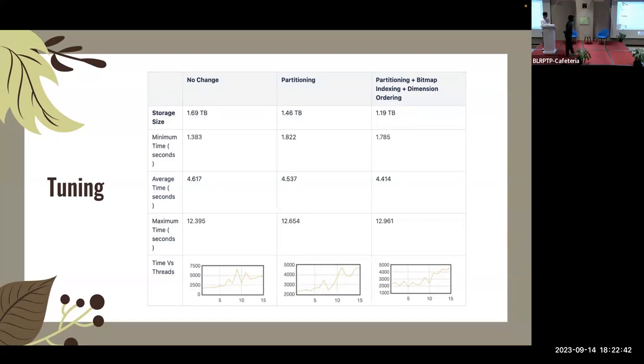I've just mentioned the numbers here to give you a flavor of how this tuning has performed for us. At this moment, in our production environment, we have the data partitioned, and we have bitmap indexing enabled on certain dimensions.